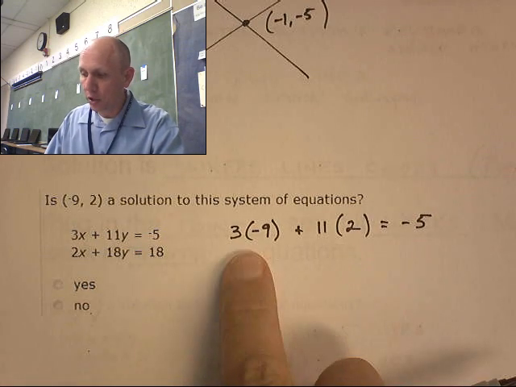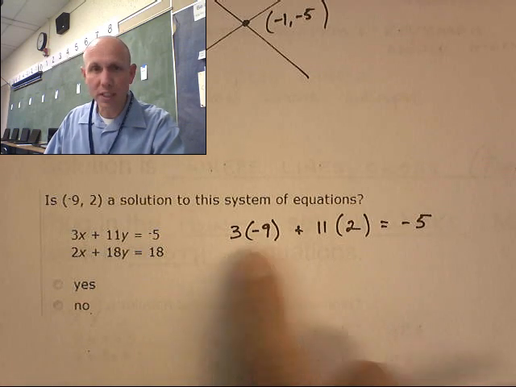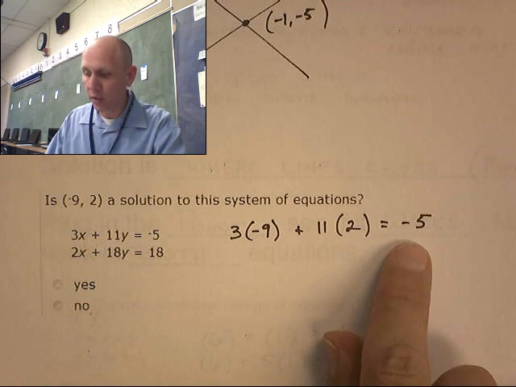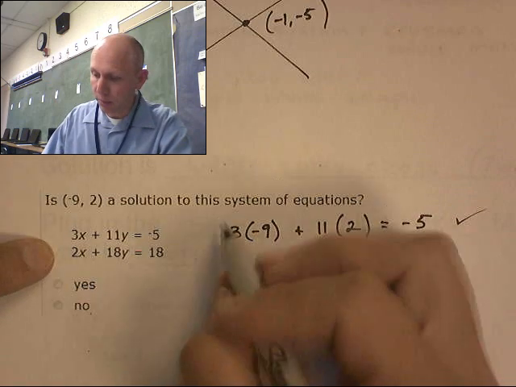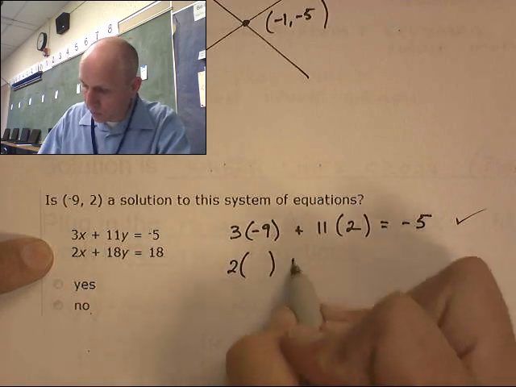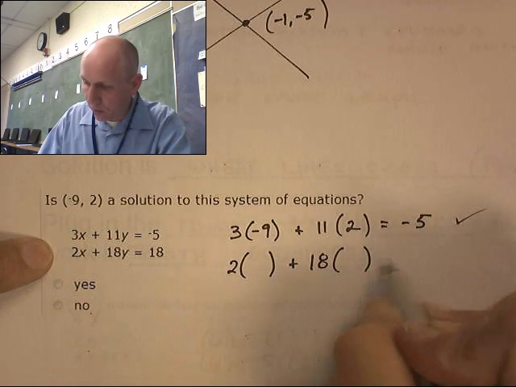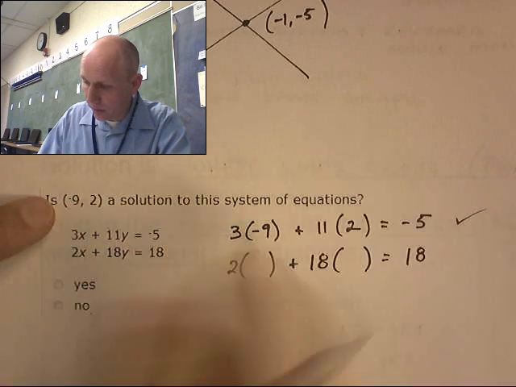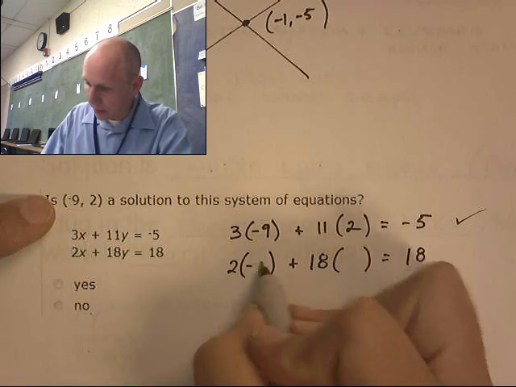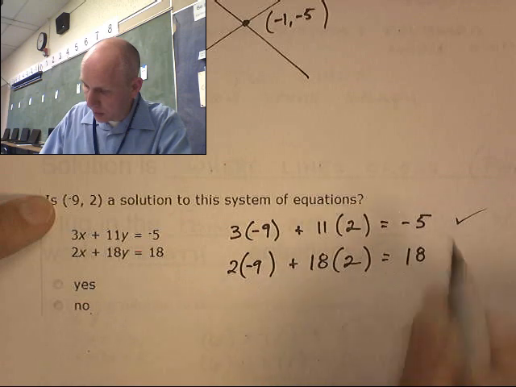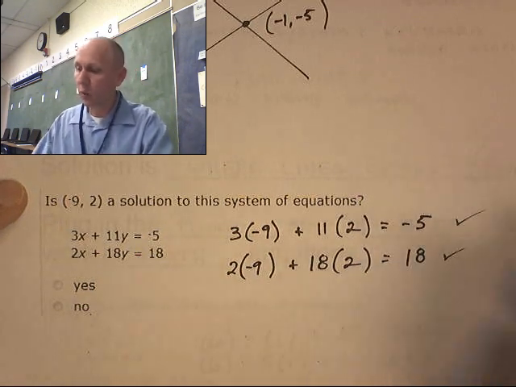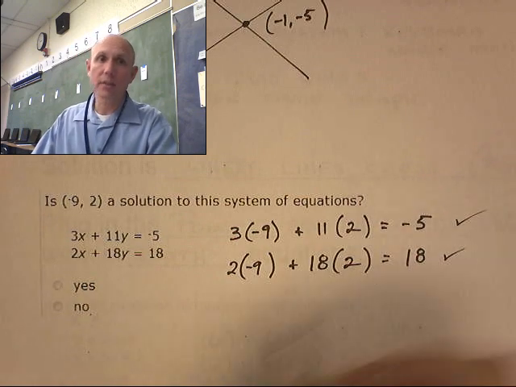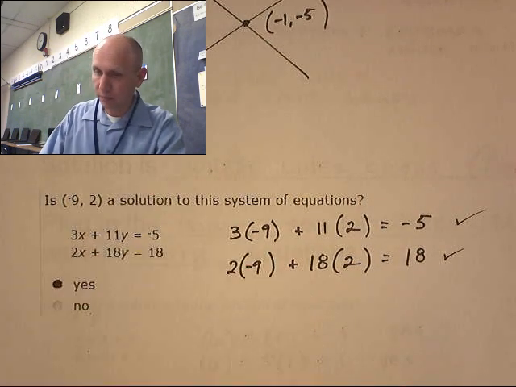This is 22 minus 27. 22 minus 27 is -5, so yes, this is working. Same thing here. 2x plus 18y equals 18. Let's plug it in. -9 and 2. This is 36 minus 18. Once again, it works, so this is a solution.